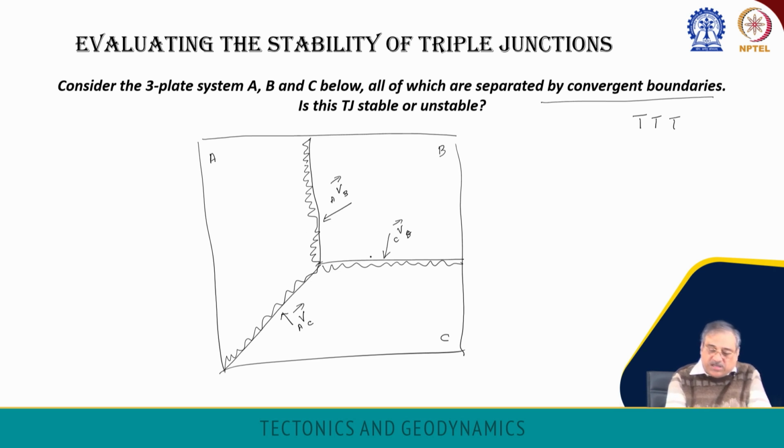The relative velocity of C with respect to B would just be the opposite of this, and the relative velocity of A with respect to C would just be the opposite of this, right? So we've got this three-plate system.